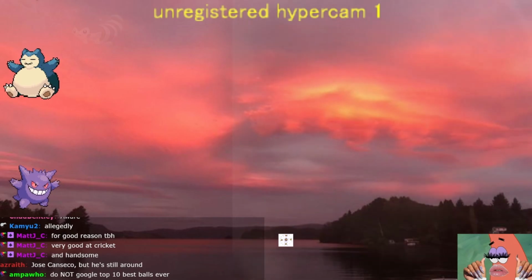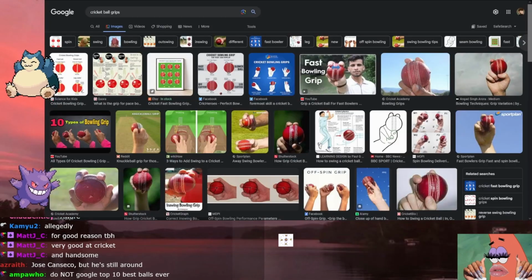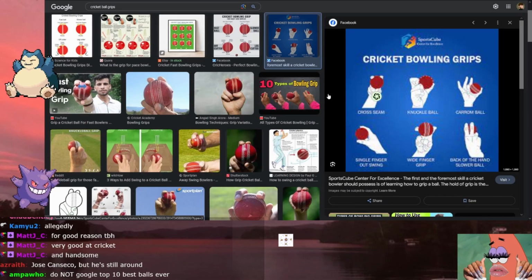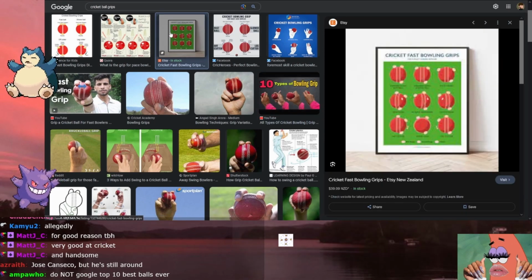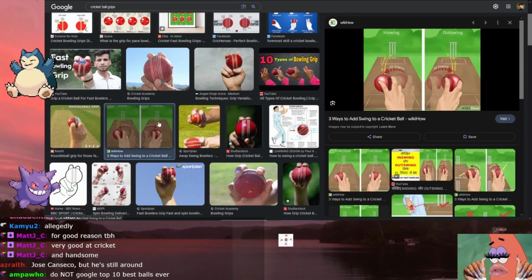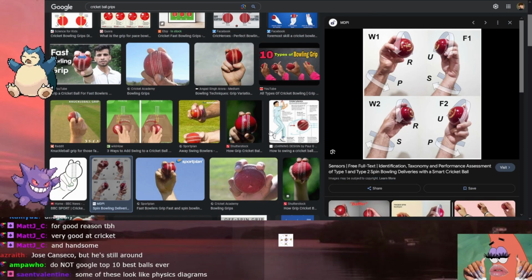Maybe I'm just going to take you to this Google Images search. There's a lot of very fun pictures on this page. I like this one. This one's fun. There's your swing bowling. I like this one. This one's good. Just a lot of very crazy diagrams.